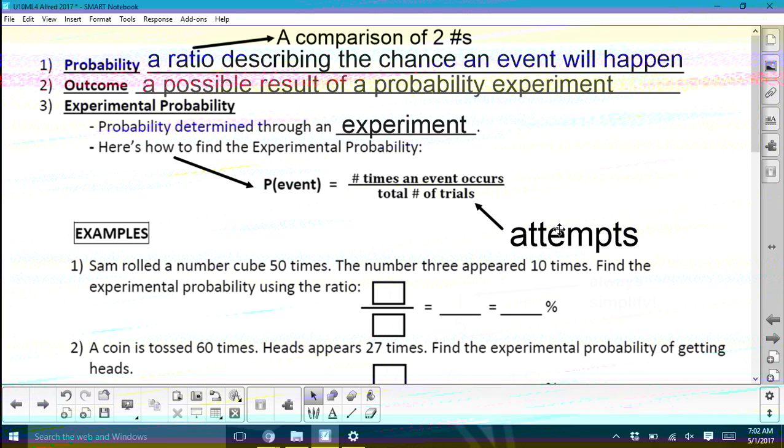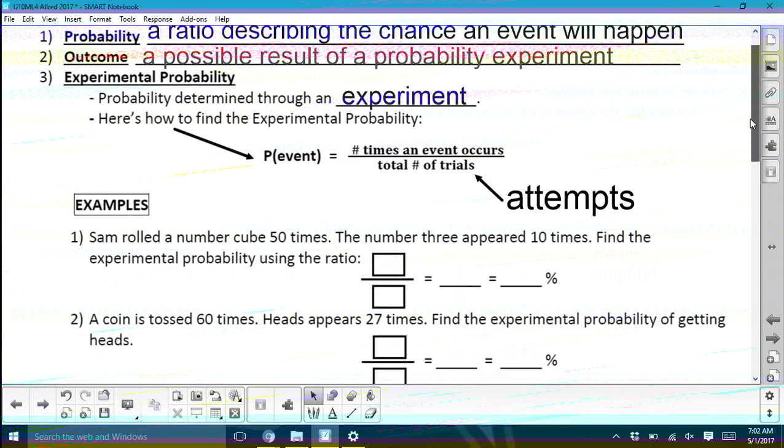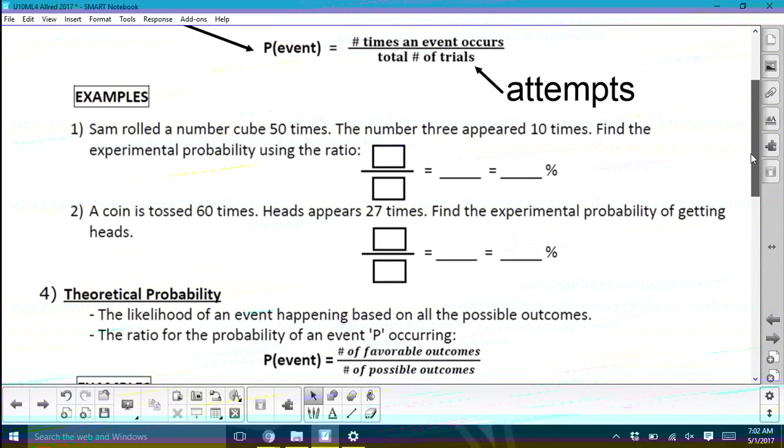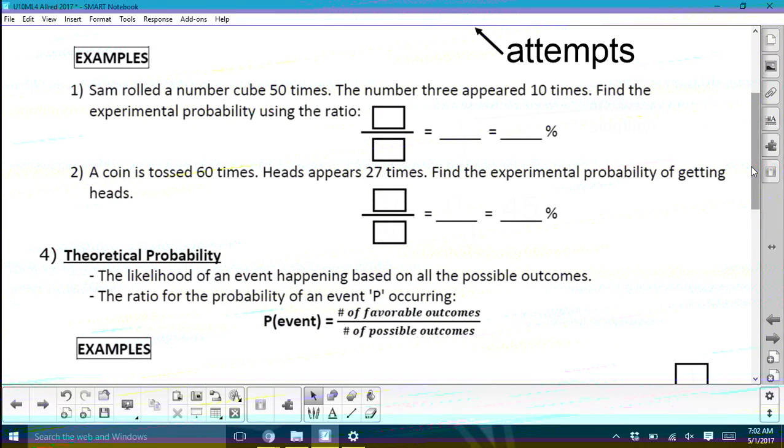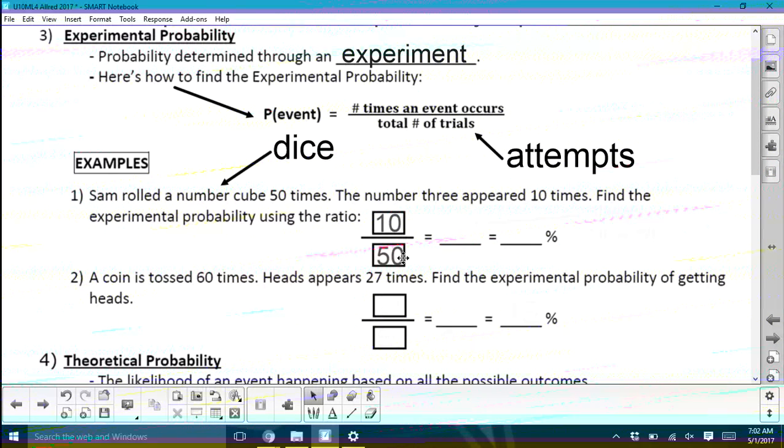Attempts. That's a tough word to spell too. Okay, for example, if Sam rolled a number cube 50 times, number cube is a big word for die, and the number 3 appeared 10 times, we're going to find the experimental probability using what ratio? If he rolled his number cube 50 times, then that is our total number of trials on the bottom, and he got that particular event 10 times.